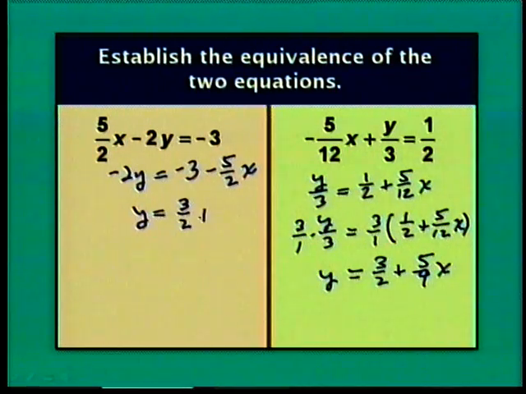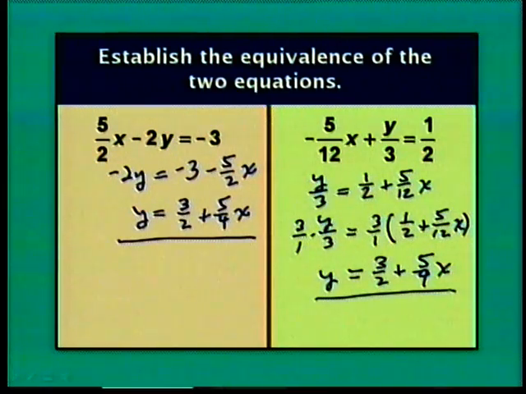That is plus 5/4. That's the coefficient on x. The slope-intercept form of the first equation is y equals 3/2 plus 5/4 x. The slope-intercept form of the second equation is y equals 3/2 plus 5/4 x. These two equations do in fact graph to the same line.